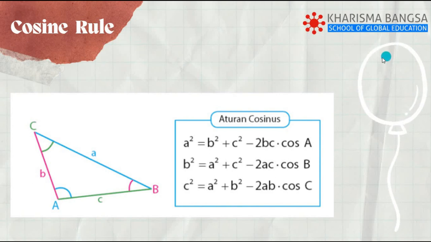So, the formulas are a squared is equal to b squared plus c squared minus 2 times b times c times cos angle A, and b squared is equal to a squared plus c squared minus 2 times a times c times cos angle B, and c squared is equal to a squared plus b squared minus 2 times a times b times cos angle C.